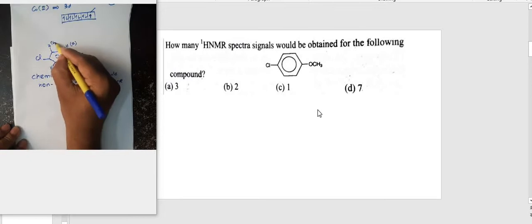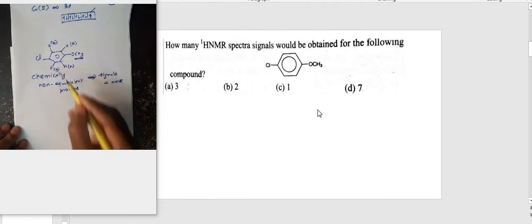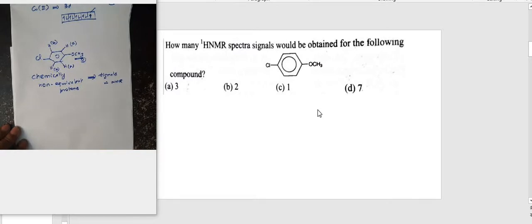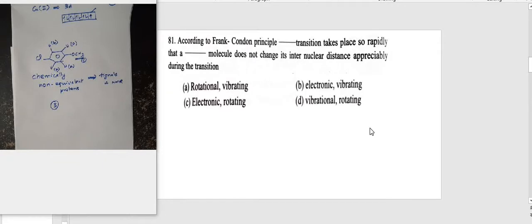So if this is B, this is also B, and the methyl proton, let it be C. So we have 3 different protons present in this molecule. They are chemically non-equivalent. Therefore for this compound we will get 3 signals in NMR. Then next question, question number 3.